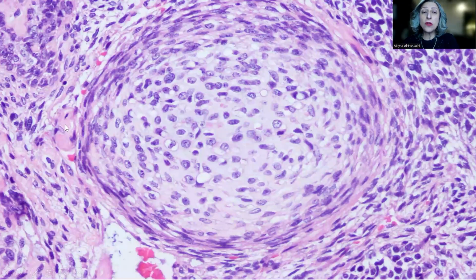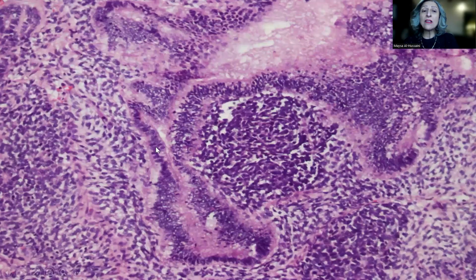However, in one focus, I could identify immature cartilage that is very much reminiscent of the immature cartilage that we sometimes encounter with immature teratomas in the ovaries, for example. And this, along with the presence of a mucin-producing epithelium in another focus, are the features for which the previous diagnosis of teratoid Wilms tumor used to be rendered.